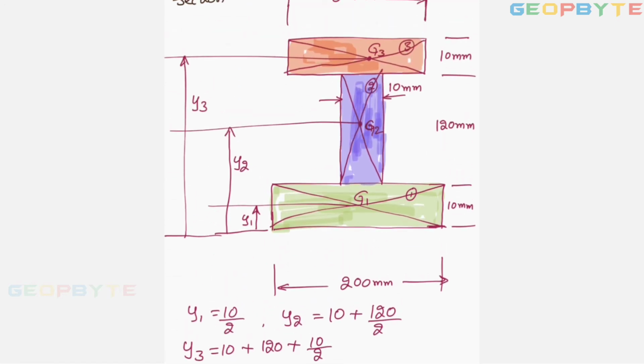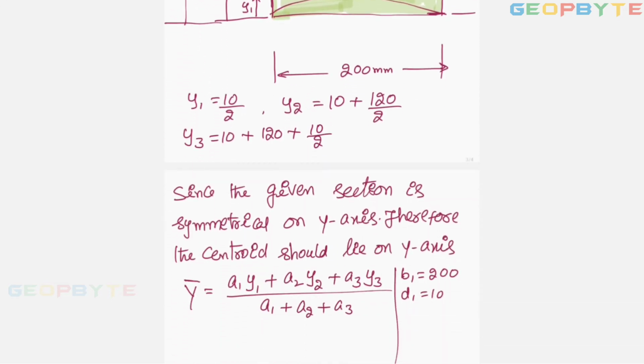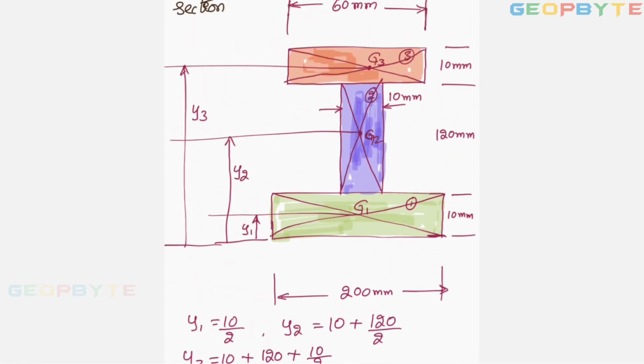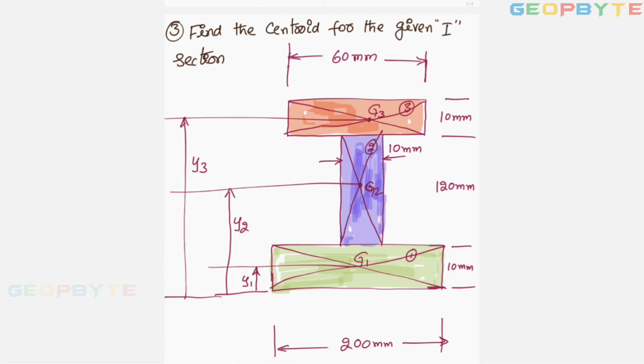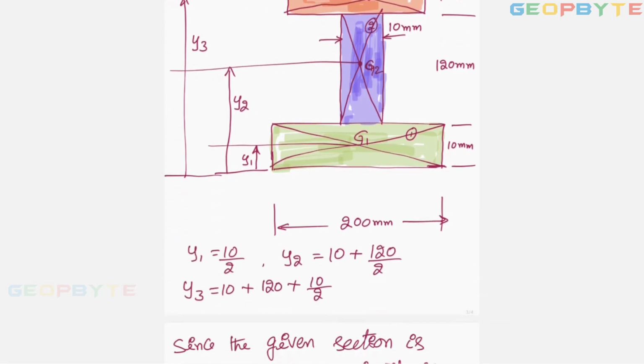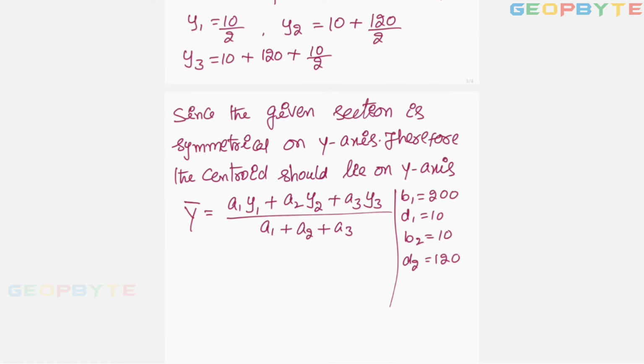Similarly, for section 2, width equal to 10, depth equal to 120, b2 equal to 10, d2 equal to 120. Similarly, for section 3, width equal to 60, depth equal to 10, b3 equal to 60, and d3 equal to 10.